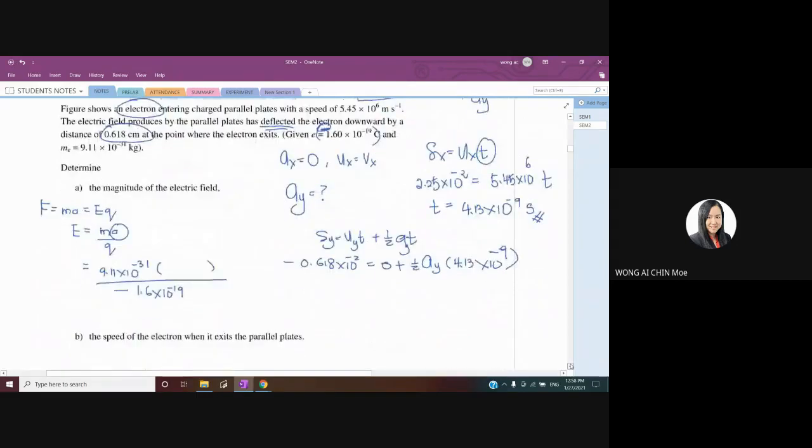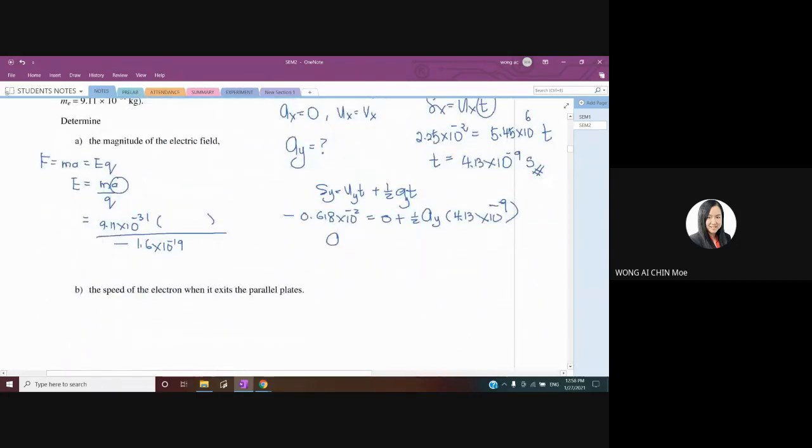So press calculator, find out AY. You will get roughly 2.99 times 10 to the power of 6 meter per second square.